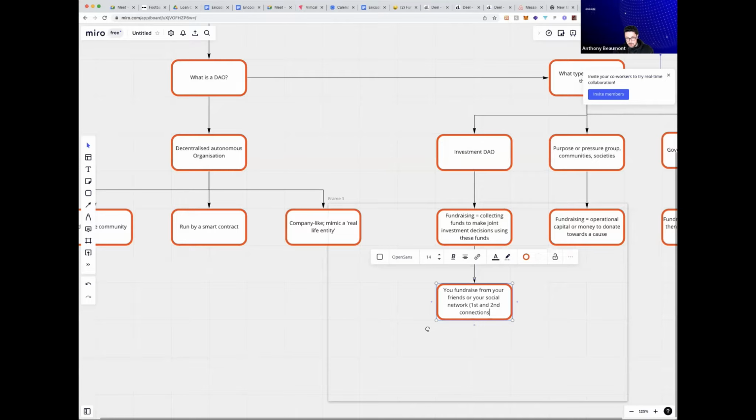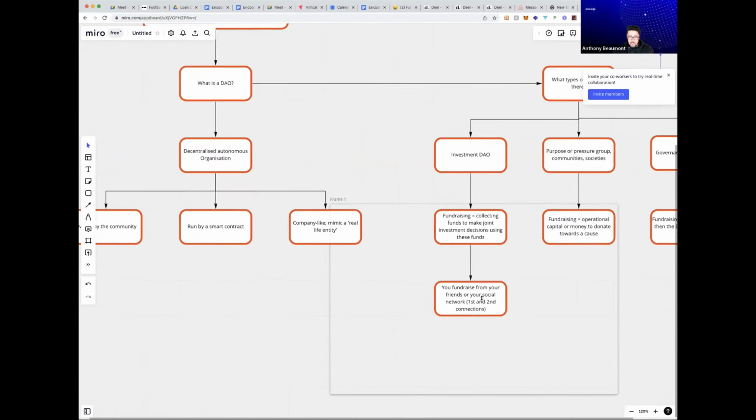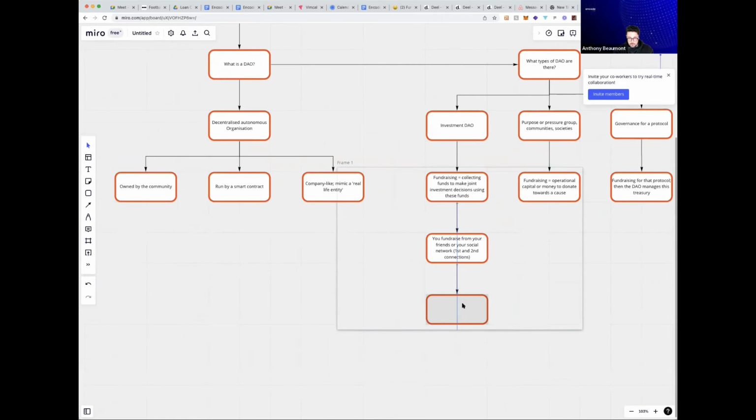Anyone can have an investment DAO, but to really do it properly, you basically need to fundraise from your friends and network. And then long term, what tends to happen, and we'll talk about a few examples, is when the DAO becomes good at investing, people want to be members.